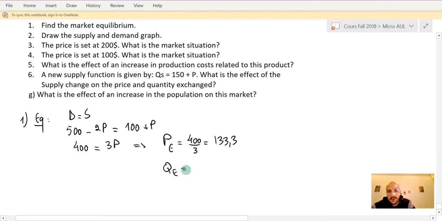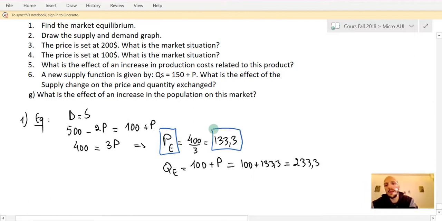So now we can find the quantity at equilibrium in one of these two. Let's choose the second one, the supply, 100 plus P, so 100 plus 133.3 gives 233.3.